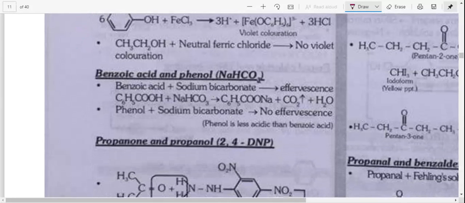Next, benzoic acid and phenol by sodium bicarbonate. Benzoic acid, when reacted with sodium bicarbonate, gives C6H5COONa plus CO2 plus H2O. So CO2 gives effervescence.